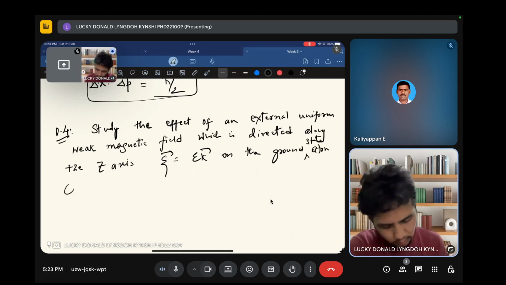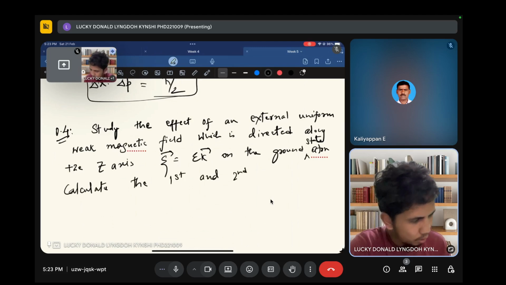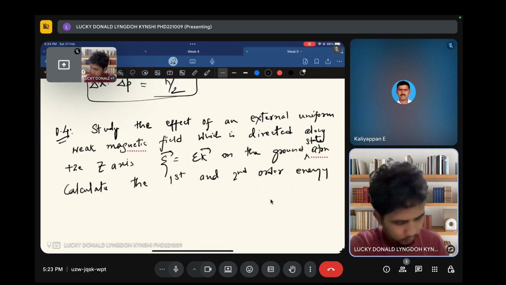Calculate the first and second order energy shift by perturbation theory.